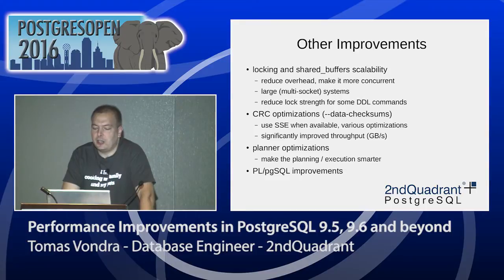So this is a significant improvement in that area as well. The first release that actually improved that quite a bit was 9.2, when we got, in some workloads, linear scalability up to 64 clients or something like that. And we only claim 64 clients because we didn't have a larger machine at the time, right?